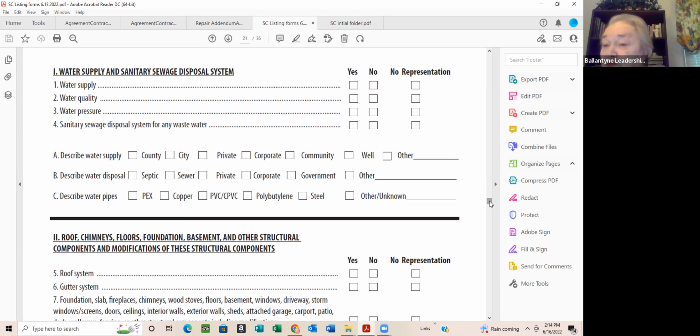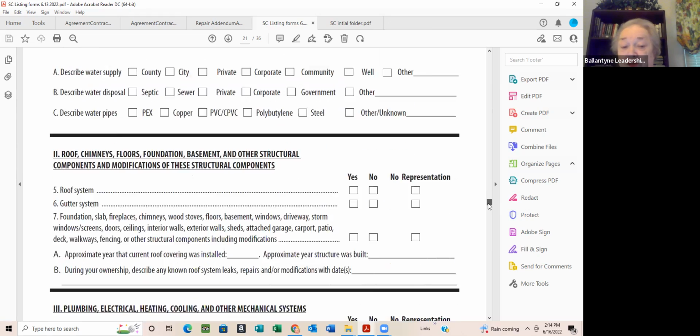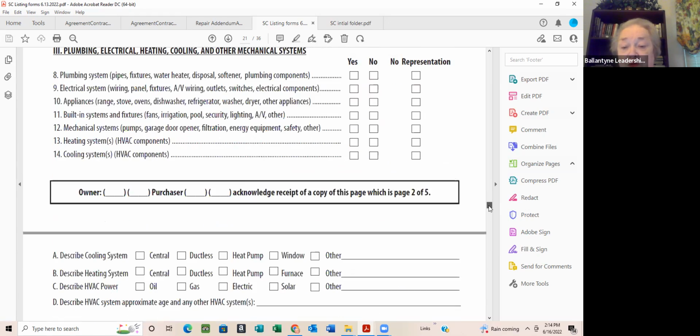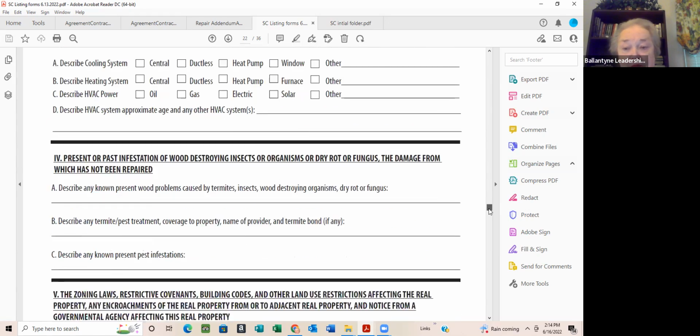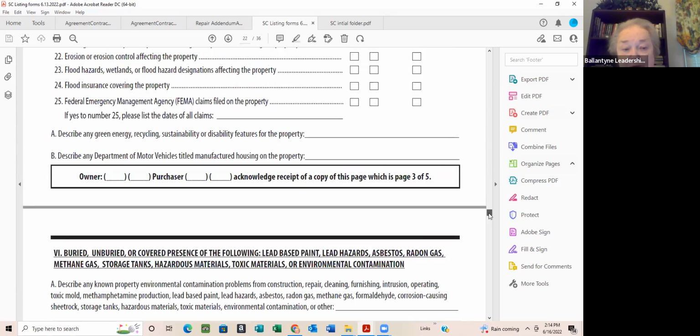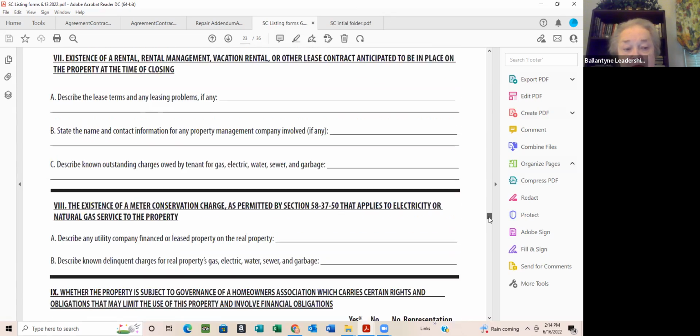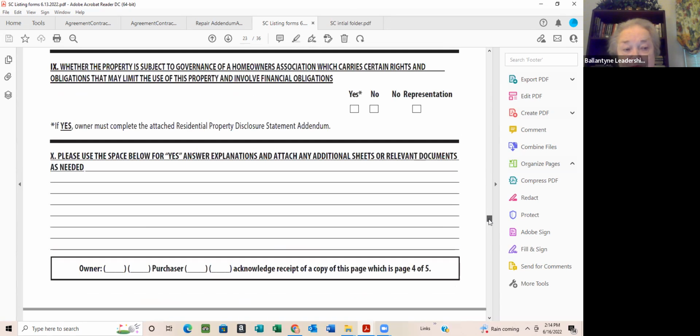Don't you put pencil to this paper. This is a seller's disclosure. Then you can verify some of it, but you want to make sure you don't do it on this particular form. This form was changed last April, and the way it was changed, I'm going to show you right now, had to do with the HOA.